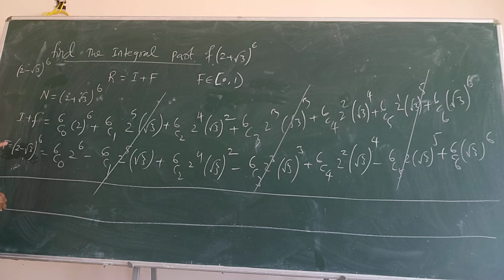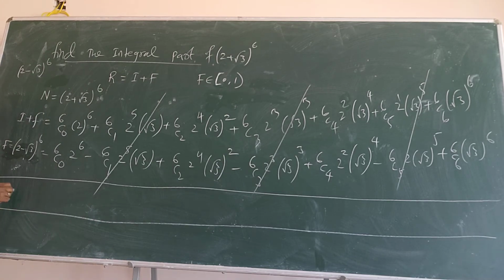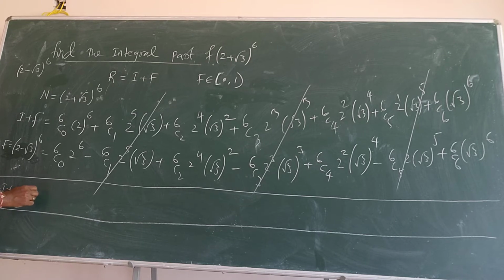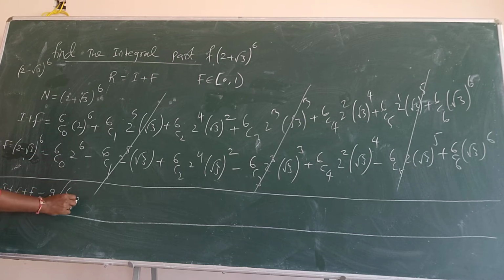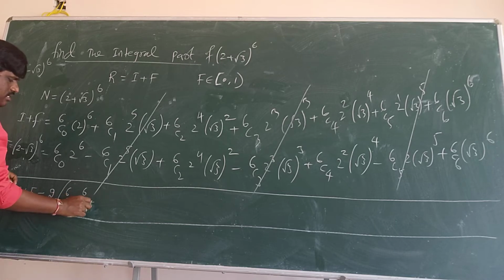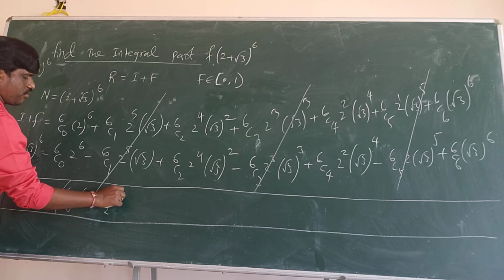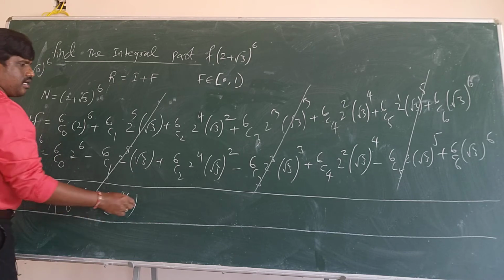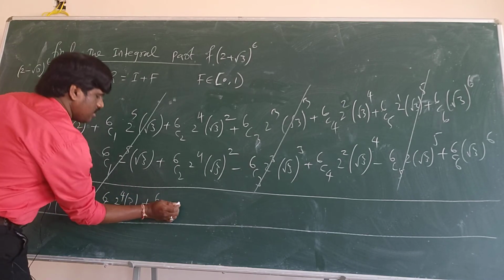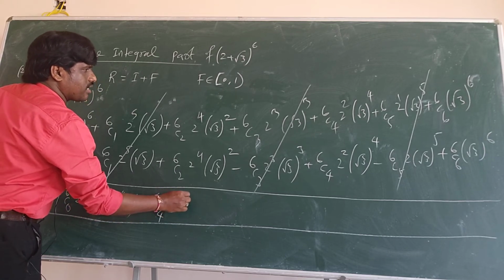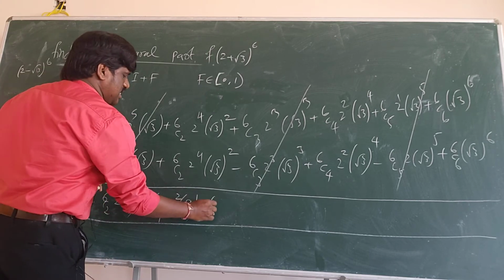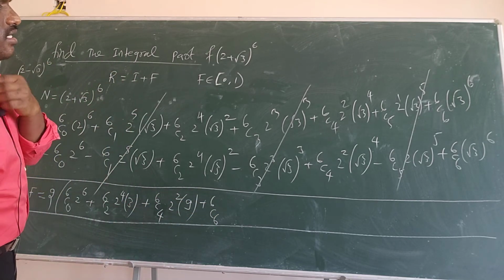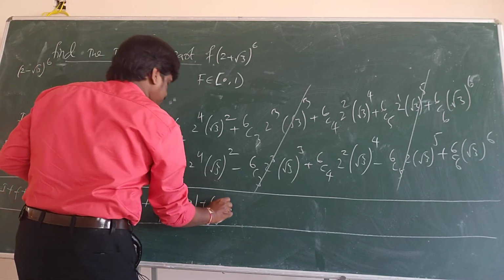So I plus f plus capital F is equal to 2 times (6C0 2^6 plus 6C2 2^4 times 3 plus 6C4 2^2 times 3 squared, 3 threes are 9, plus 27).